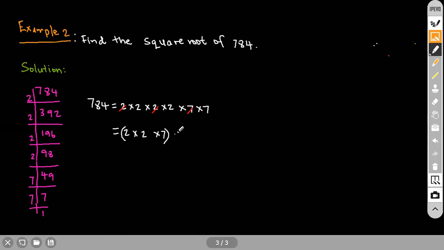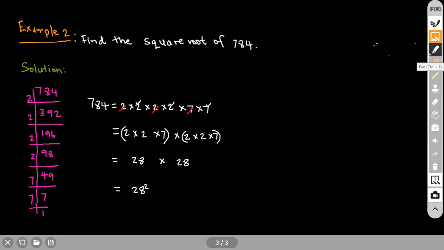Okay, and in another group, let's have these 2 and this 7. 2 times 2 times 7. Okay, so you see that 2 times 2 is 4, and 4 times 7 is 28. So we are having 28 times 28, so we are getting 28 squared. So this means that to get 784, we need to get 28 times 28.